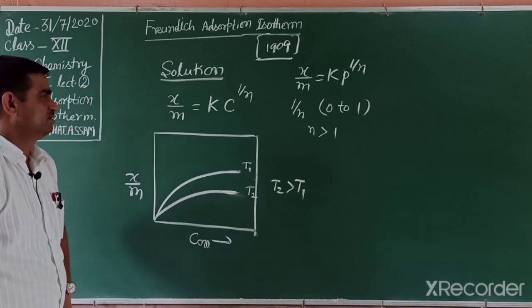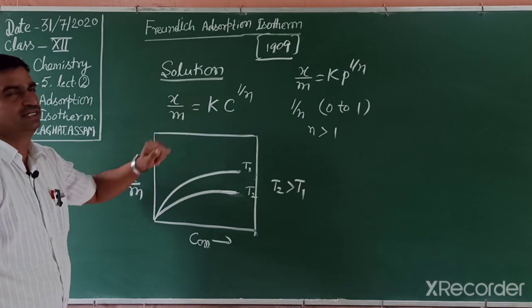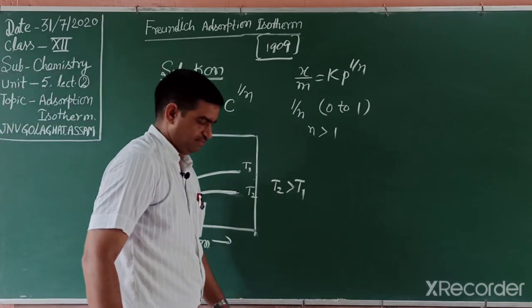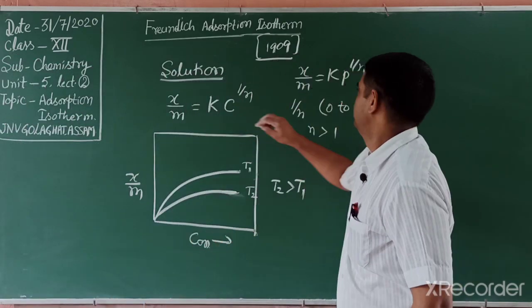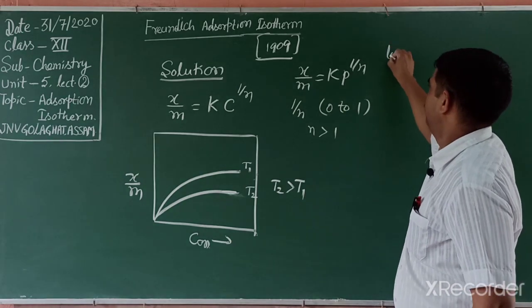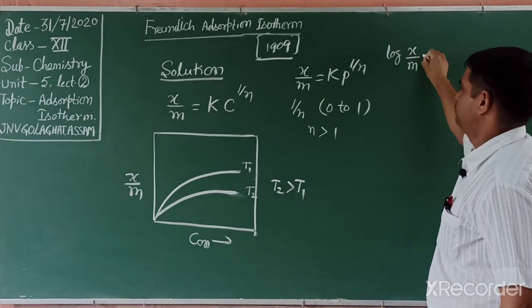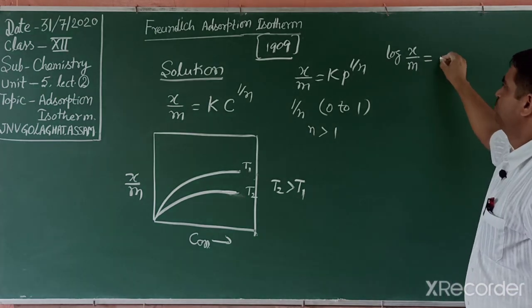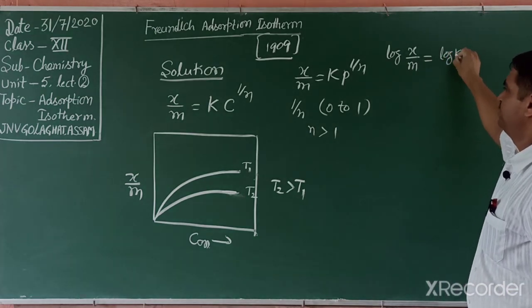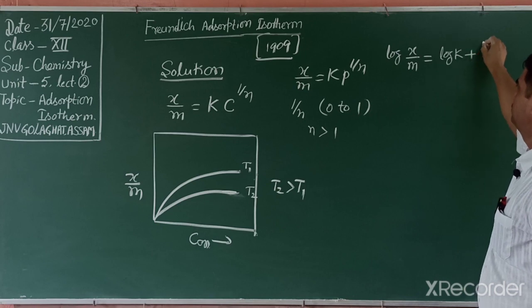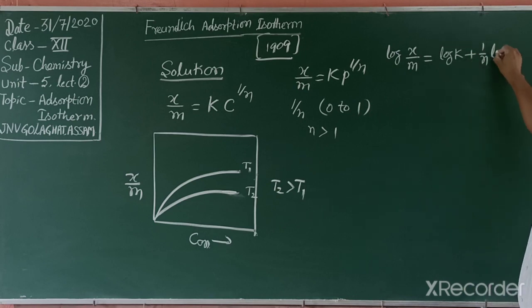Students, now we can plot taking logarithm also. If you take logarithm in this, then we get log x by m is equal to log k plus 1 by n log c.